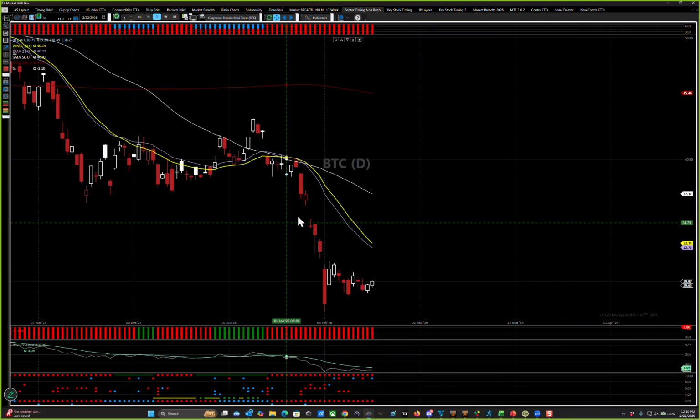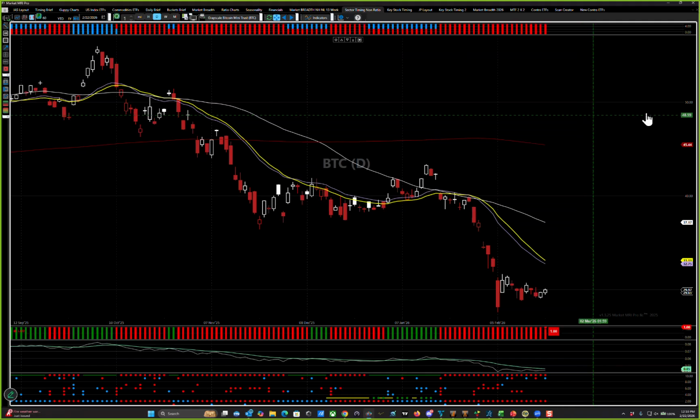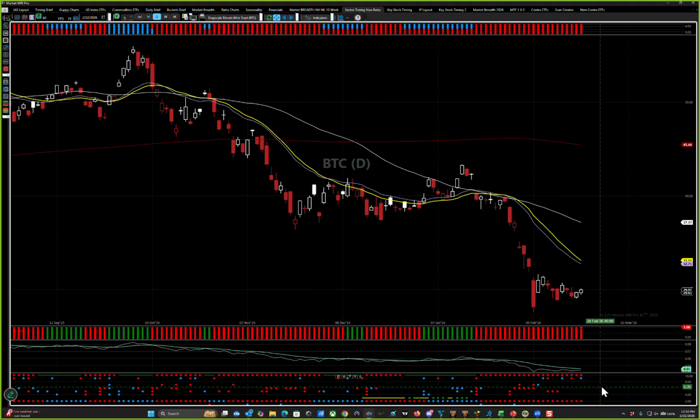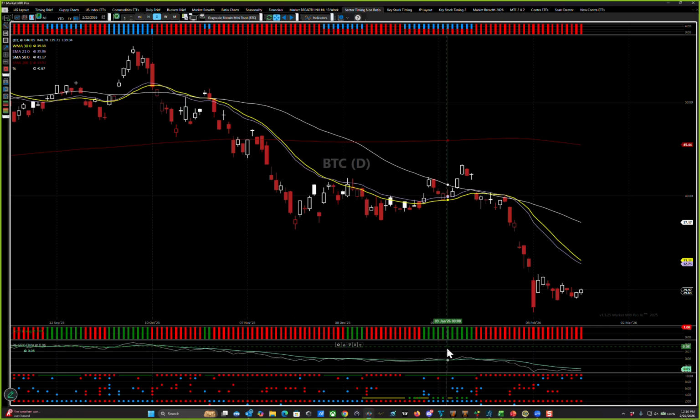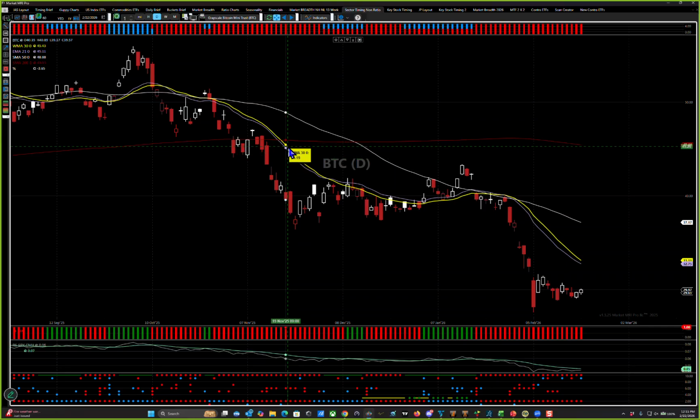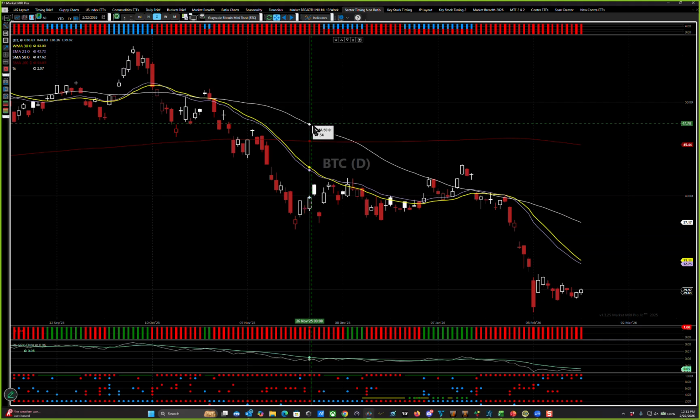I combined sort of the JS layout, some of the dots and the relative strength. This is the buy sell line, the bongo, and then on moving averages, I have the 21-day exponential in purple, the 30 period WMA in yellow, and then in white, I think, is the 50-day SMA.